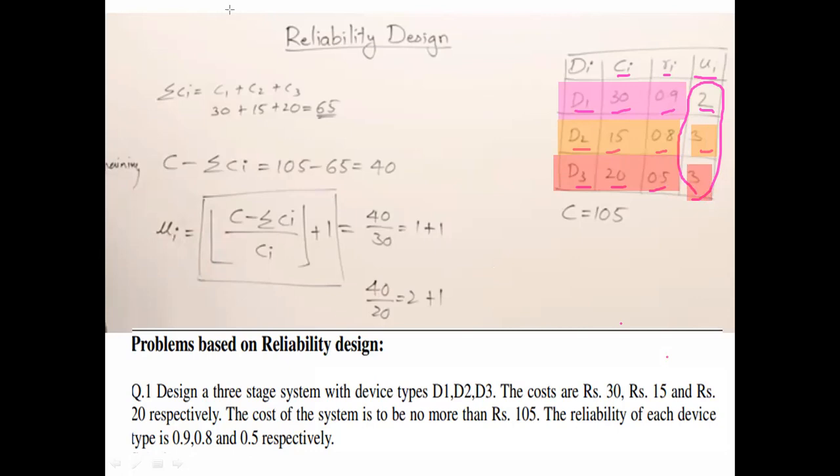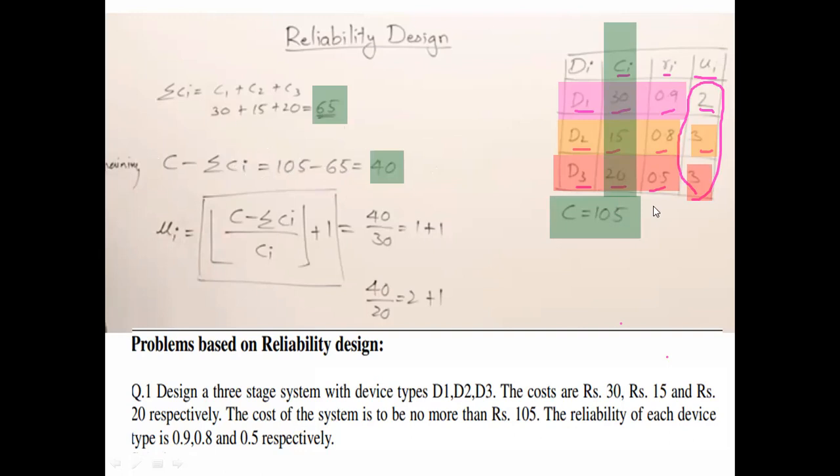So the overall cost is, C1 plus C2 plus C3, 30 plus 15 plus 20, 65. It is the overall cost, the sum of the costs. Okay. So what is the remaining cost? C minus summation of Ci. The cost given is 105. So 105 minus 65, the balance is 40.